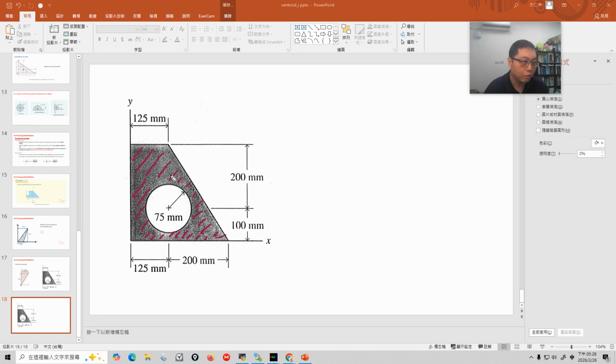For this example, the purple area is equal to a big rectangle.